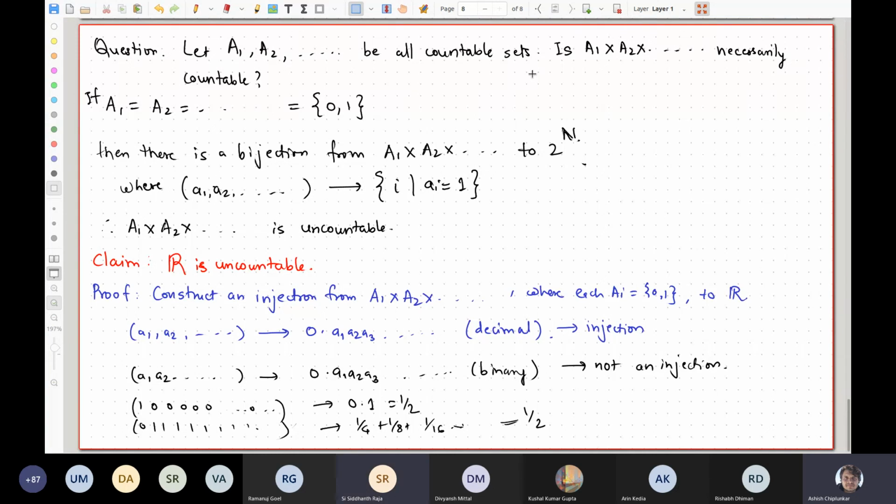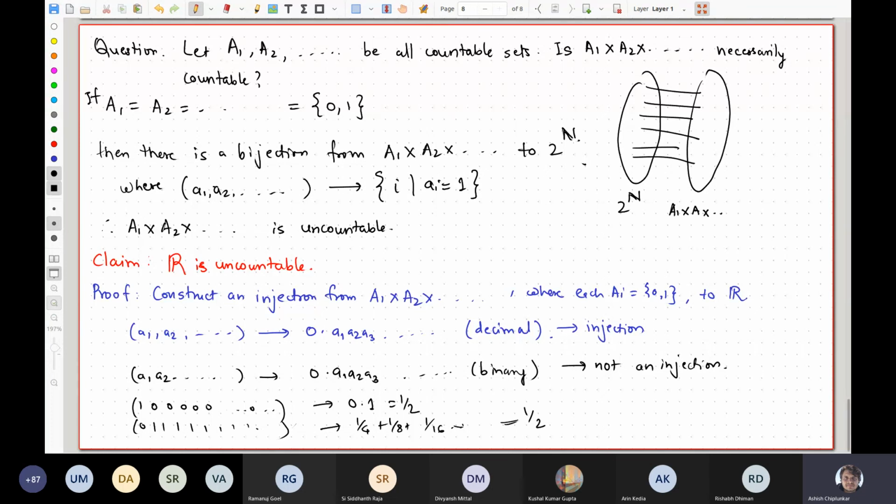So therefore the other set is also uncountable. If you want a concrete argument, let me draw a diagram. You have a bijection between 2 to the power n and your set A1 cross A2 cross blah blah. So you have a nice bijection over here.